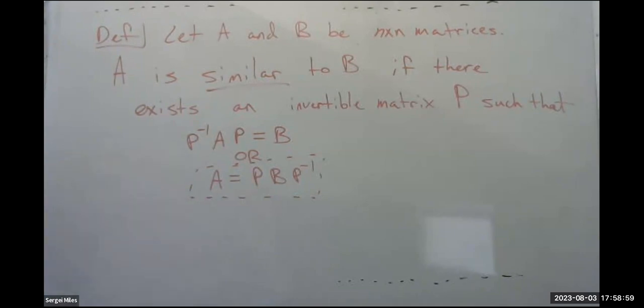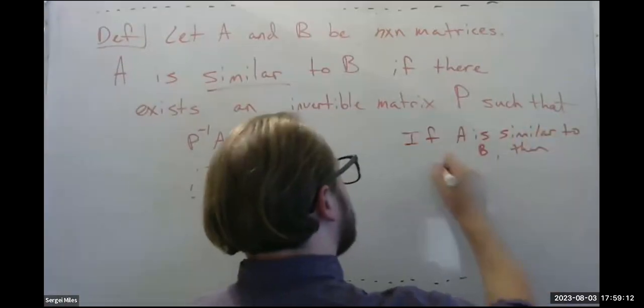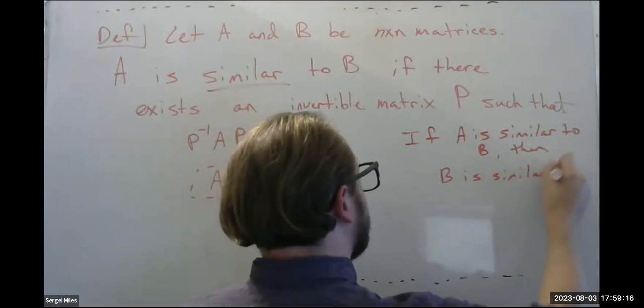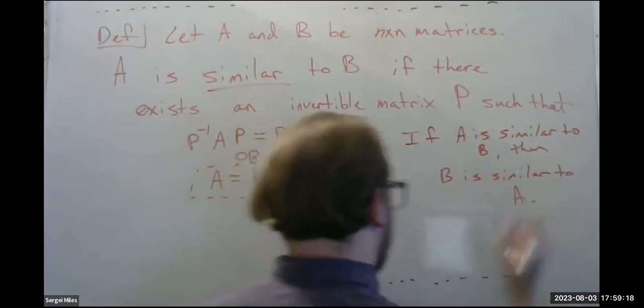So A similar to B implies B is similar to A. It goes both directions. If A is similar to B, then B is similar to A.